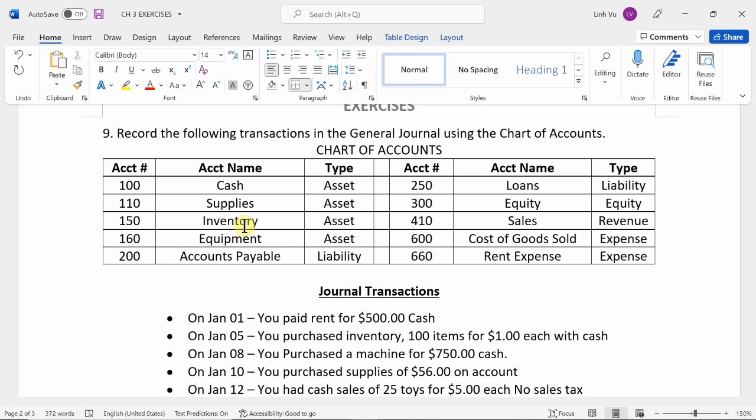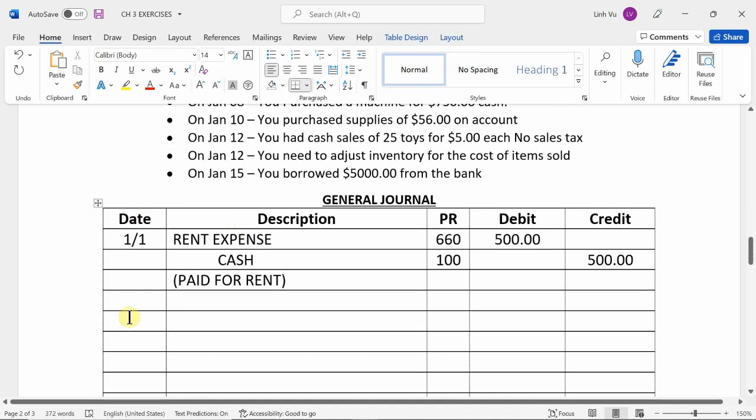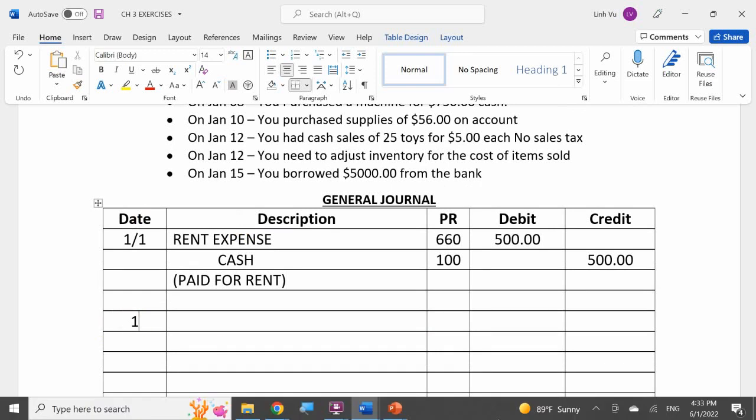Now, how did I pay for it? With cash again. I spent cash, so therefore another decrease in my cash account. So, it's January 5th. We bought some inventory.